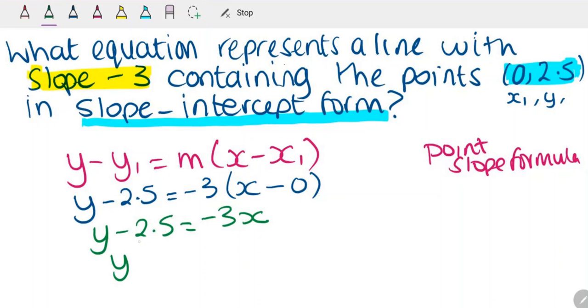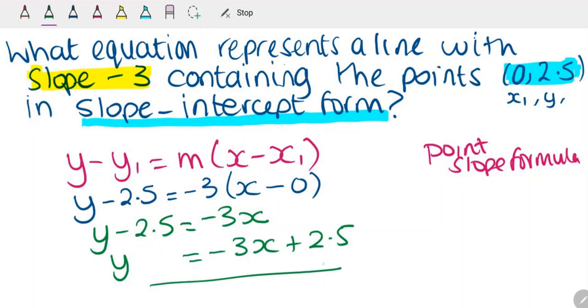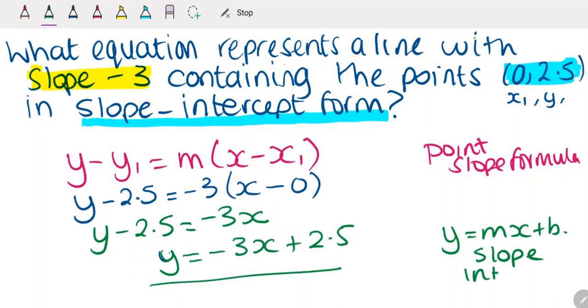And then we need to add 2.5 to both sides, so we will have y equals minus 3x plus 2.5. Now this is in the form of y equals mx plus b, which is slope-intercept form.